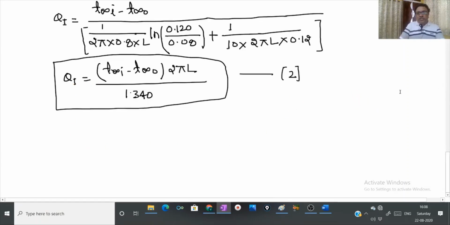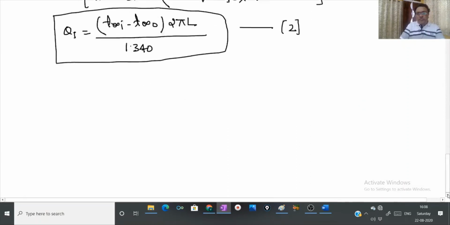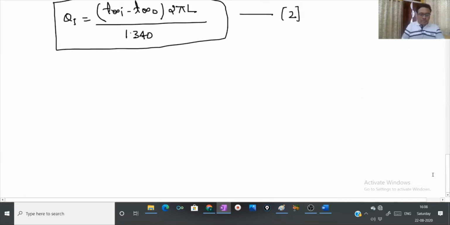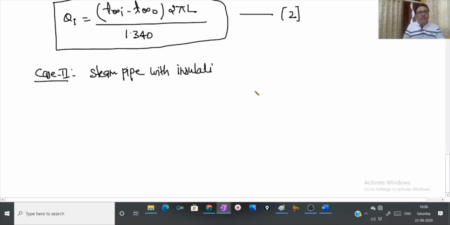Now let us consider case number 2. Steam pipe with insulation 1 and 2. In this case the heat loss rate is Q2.